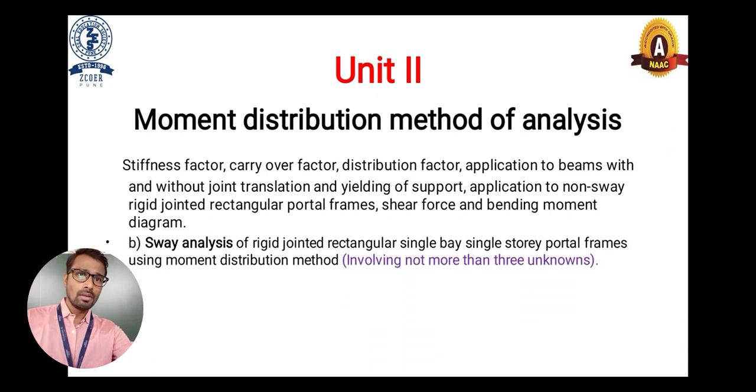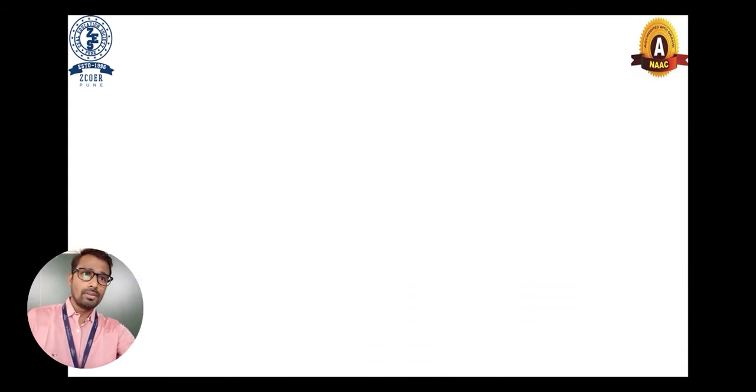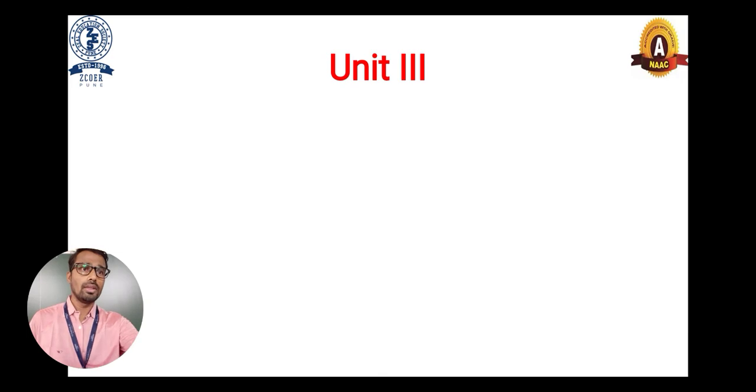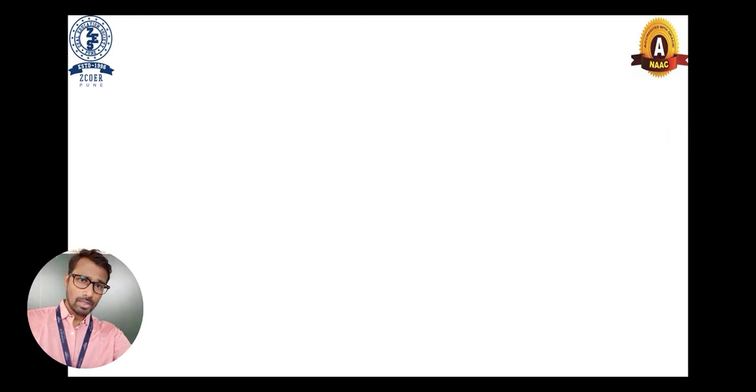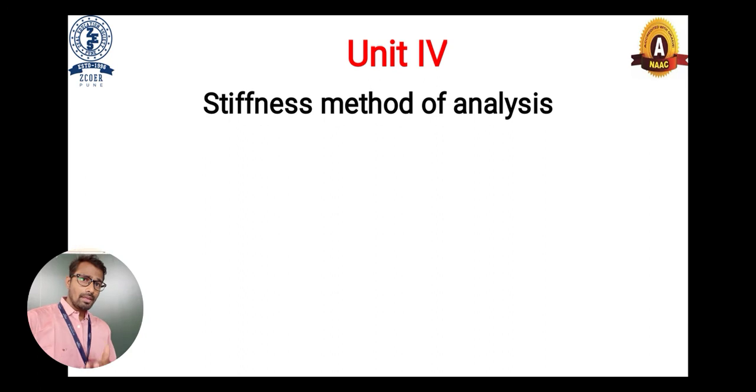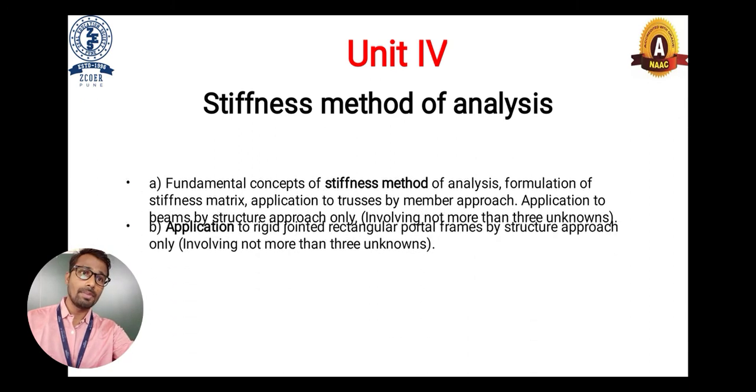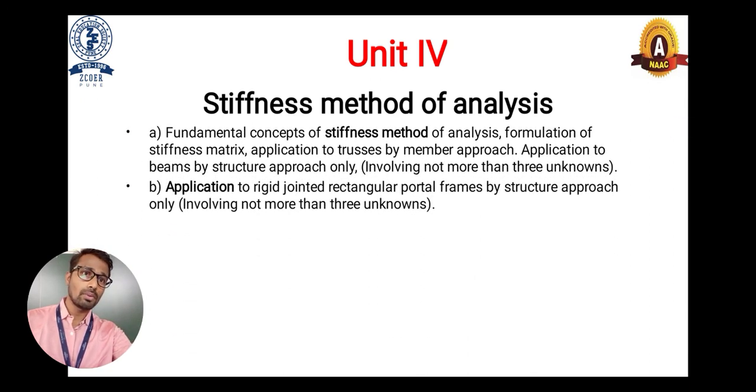Then next, unit number 3, you will deal with the flexibility method of analysis of beams, and the application of the flexibility method on beams and rigid jointed structures. Then in unit number 4, you will understand the stiffness method of analysis for beams and portal frames.